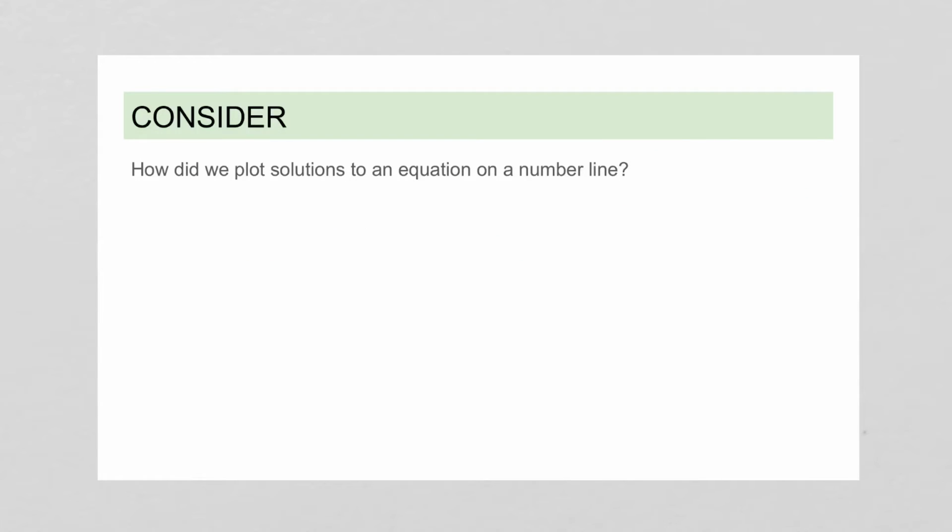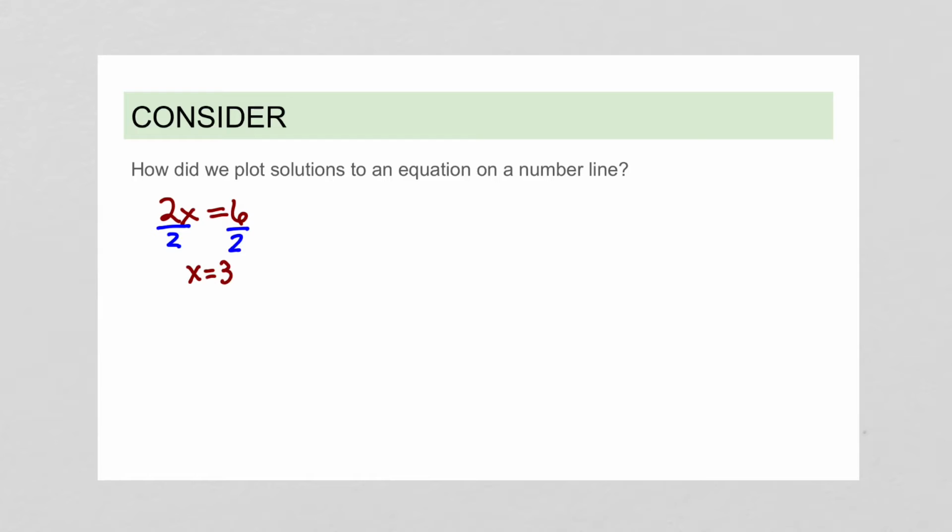Last week we worked on plotting solutions to an equation on a number line. So for example, let's use that equation that we did just a minute ago. We said 2x equals 6. And we know that if we divide both sides by 2, x equals 3.